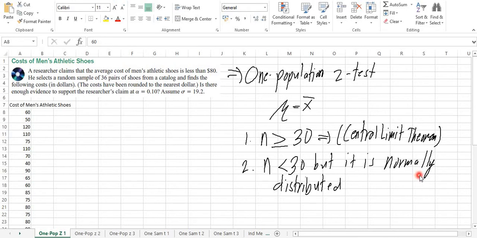So, again, the two conditions for us to use a one population z-test are that, 1, the sample size should be greater than 30 by the central limit theorem, or if the sample size is smaller than 30 but it is normally distributed.